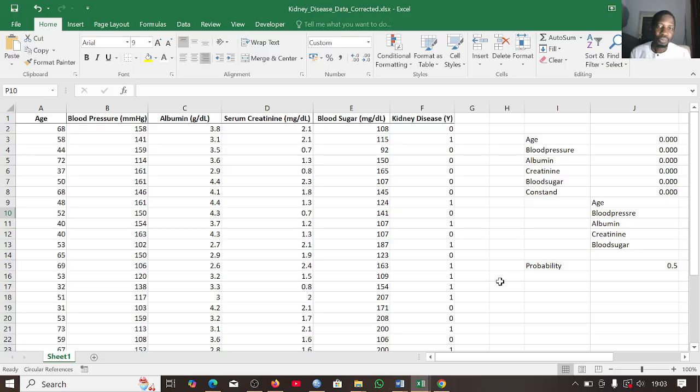In this example, we're going to look at how we can utilize past patients' records to see whether we can create an app or a calculator that can tell a patient that he may likely have a kidney disease.